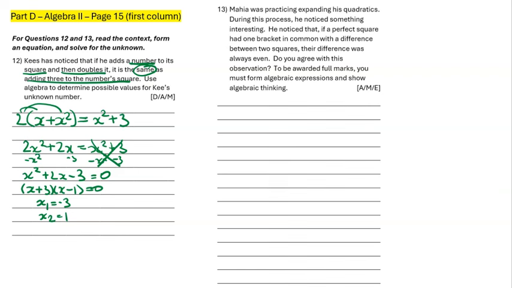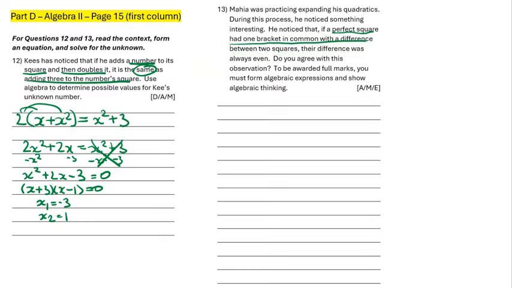Okay, so we've now got the next question. This is a bit of a doozy. So it's an excellence question to start off with, and the crux of the question is down here. So he's noticed that a perfect square that has one bracket with a difference between two squares, and their difference is always even.